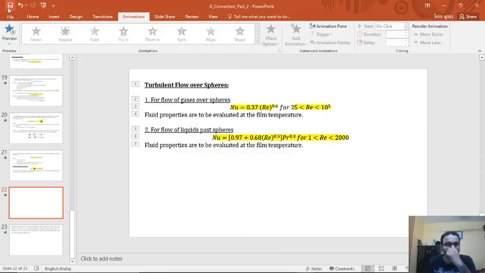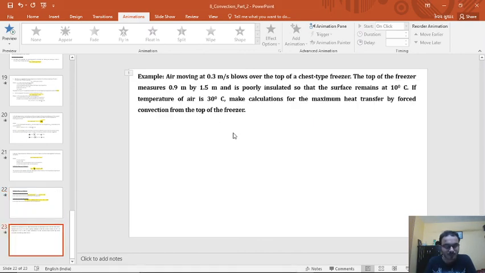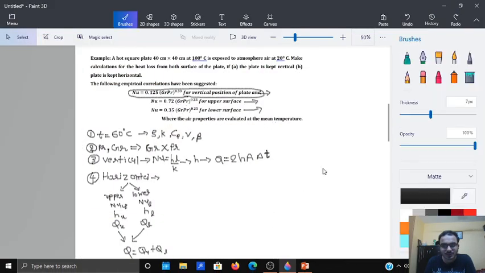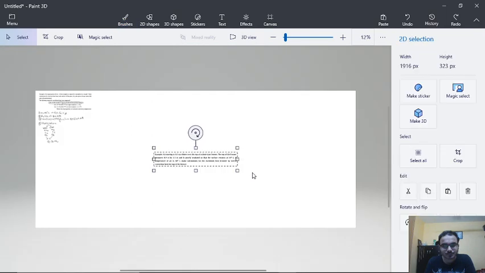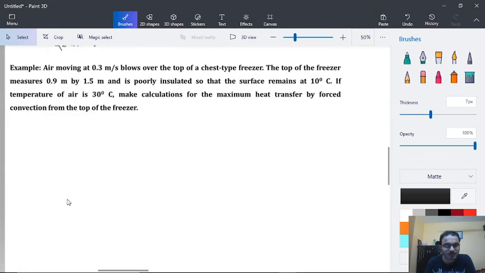So here, let's take this question here. The first example was for free convection and the second example is for forced convection.